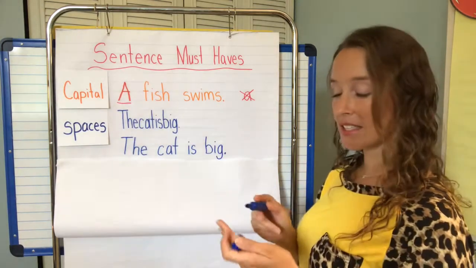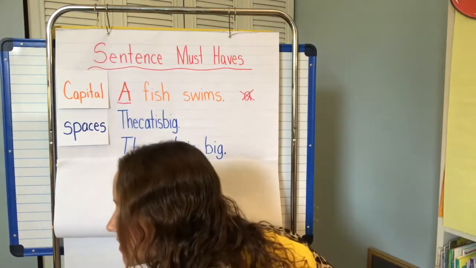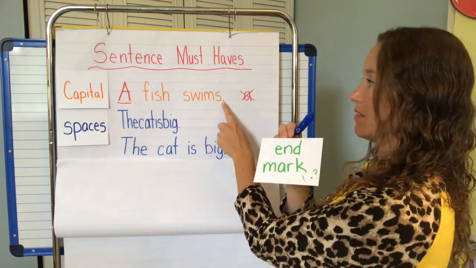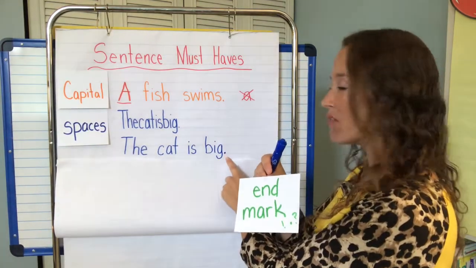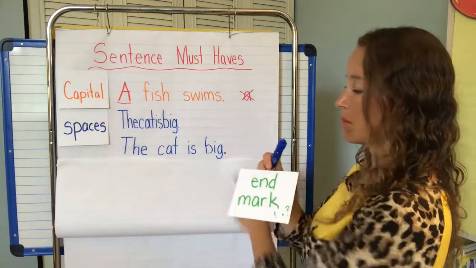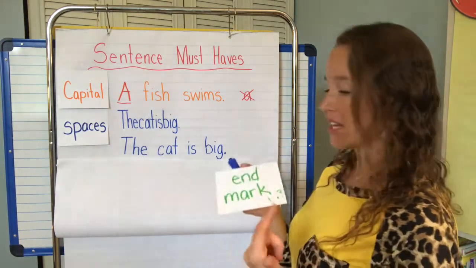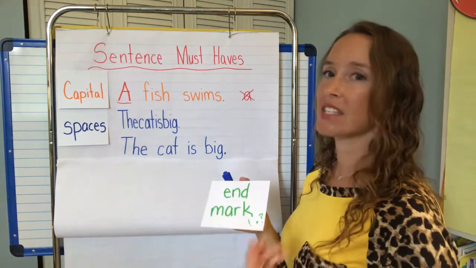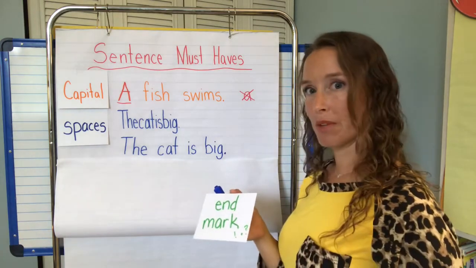Okay, the next thing that a sentence must have is an end mark. Now, if you notice, I've put my end mark in each time I wrote the sentence. I might not have pointed that out very well, but I do have an end mark in. So we're going to take a look at the sentence. And we call it an end mark, or sometimes you'll hear punctuation. We don't say every sentence has to end with a period because sentences don't always end with a period.